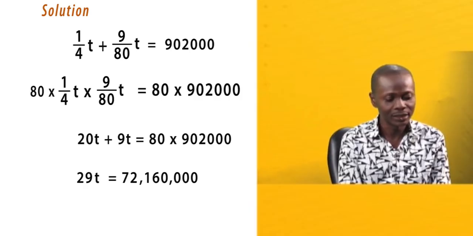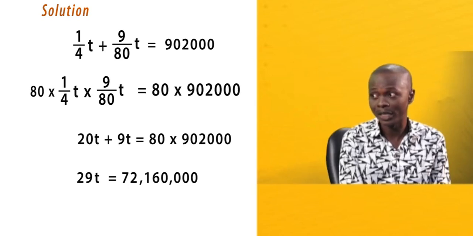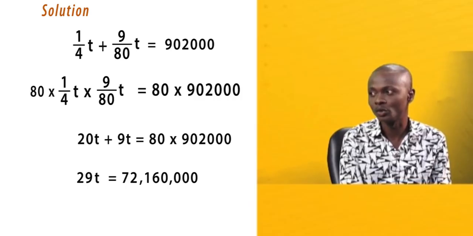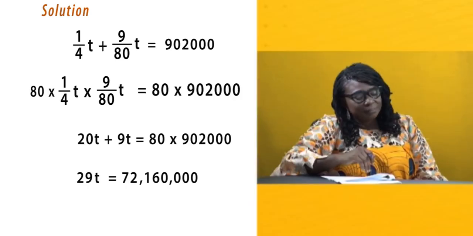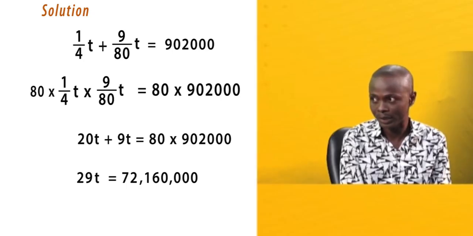We have 80 times 1/4 T plus 80 times 9/80 T equals 80 times 902,000 cedis. We are going to get 20T plus 9T equals 80 times 902,000.